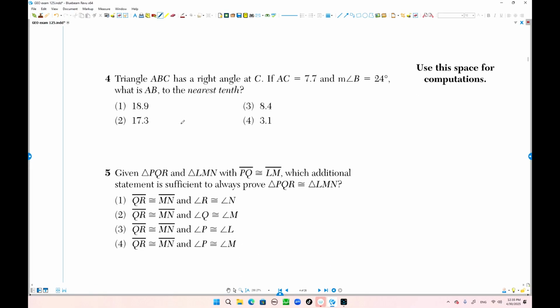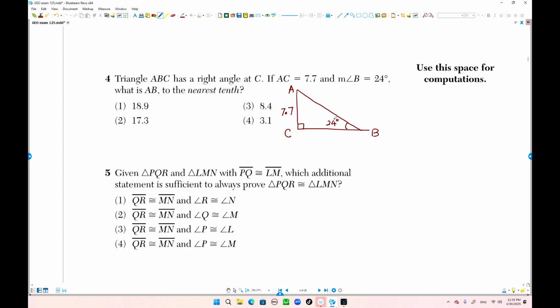Number 3. ABC is a right triangle. C is the right angle, so you can use right triangle trigonometry. AC is 7.7, angle B is 24 degrees.